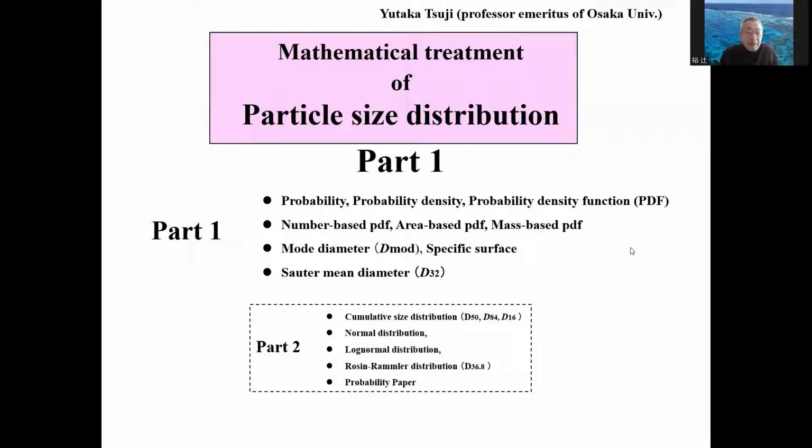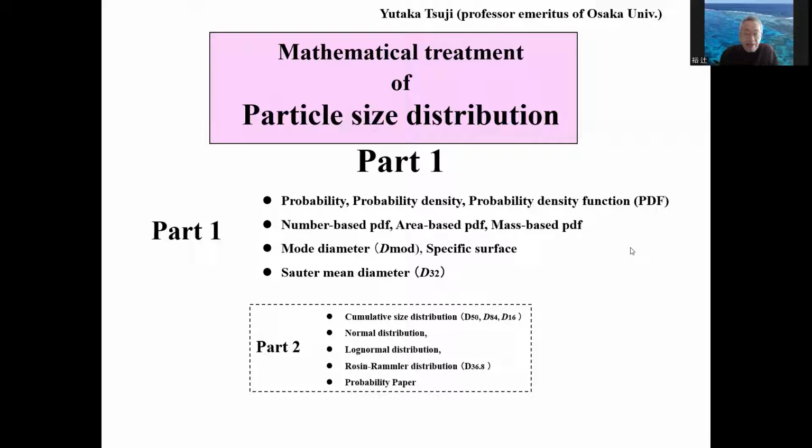Part 2 begins with cumulative distribution. In the field of powders and particles, the size symbol D is often accompanied by a subscripted number. The delta mean diameter D32 is one example.